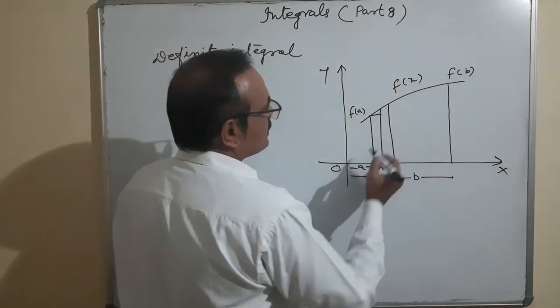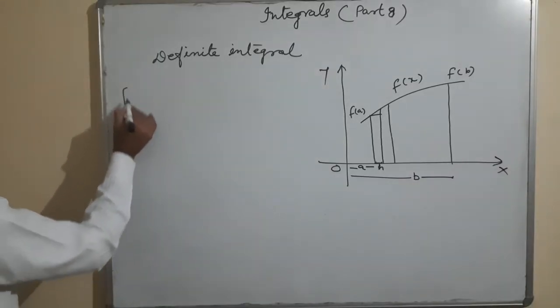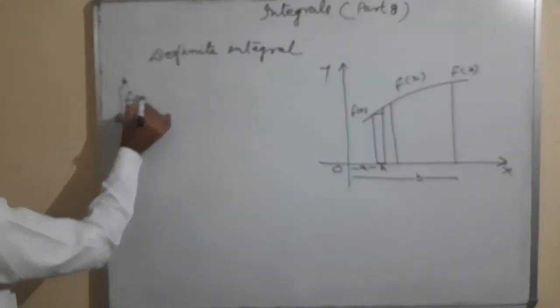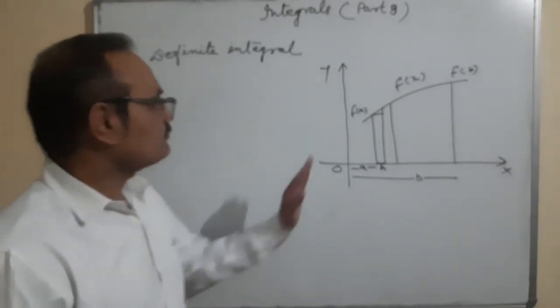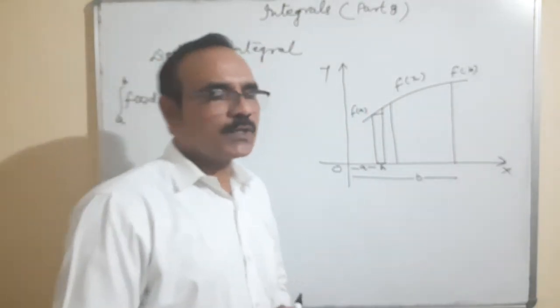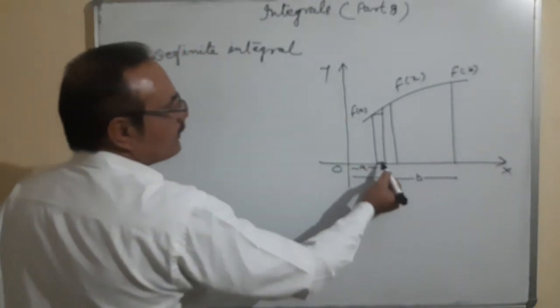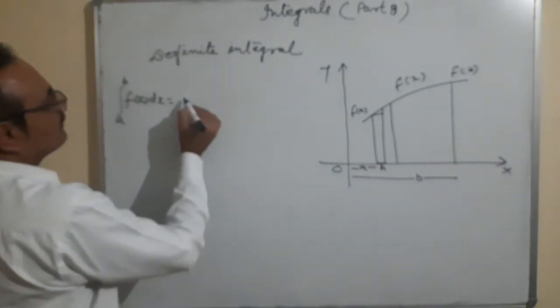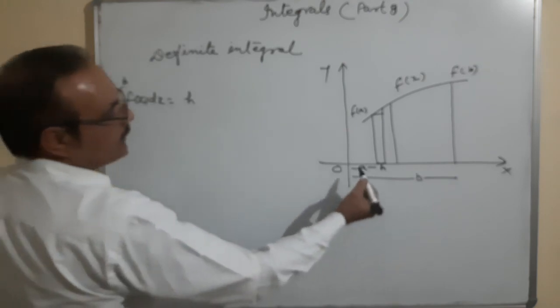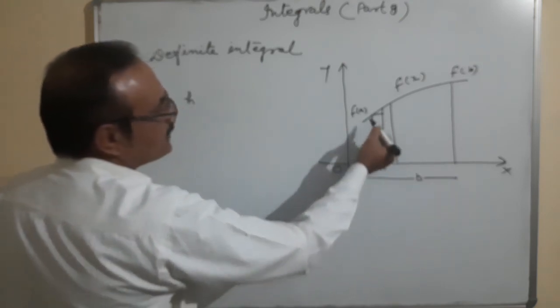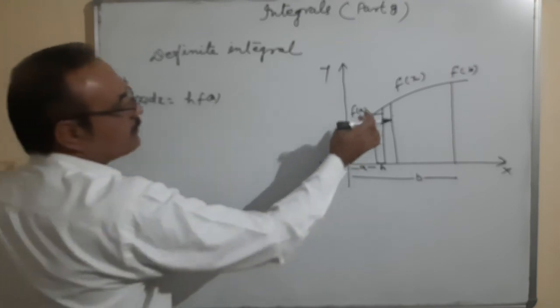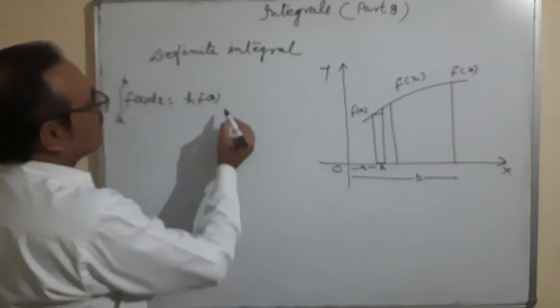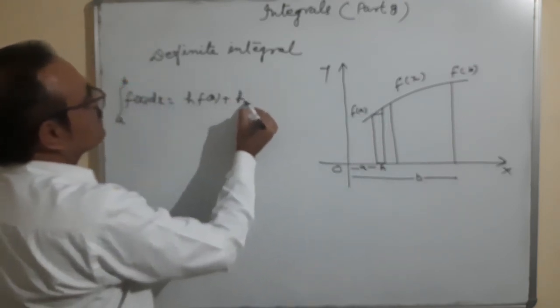So how to use this? For example, suppose the integral from a to b of f of x dx is equal to the area of this portion. So what to write here? h, the breadth, times the length. What is the length of the first strip? It is f of a, length into breadth h.